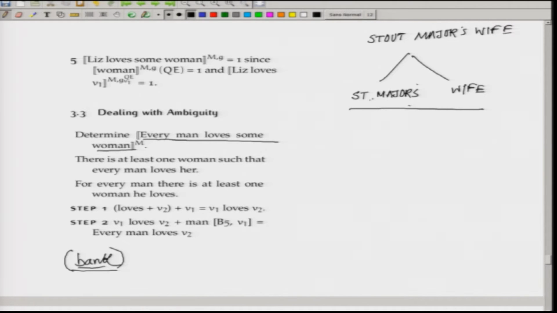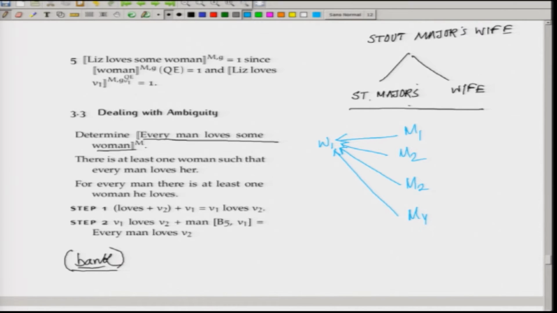Now let us consider the sentence that is given here: every man loves some woman. It can have two different meanings. One, that is, there is at least one woman, or one or more women, that is a set of women, such that every man loves her or them. So one picture could be something like one woman, and then there are many men, and every man loves that woman.